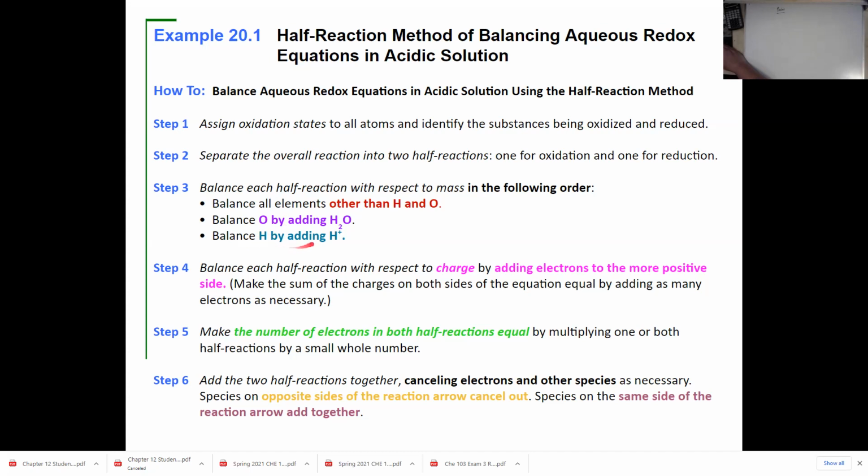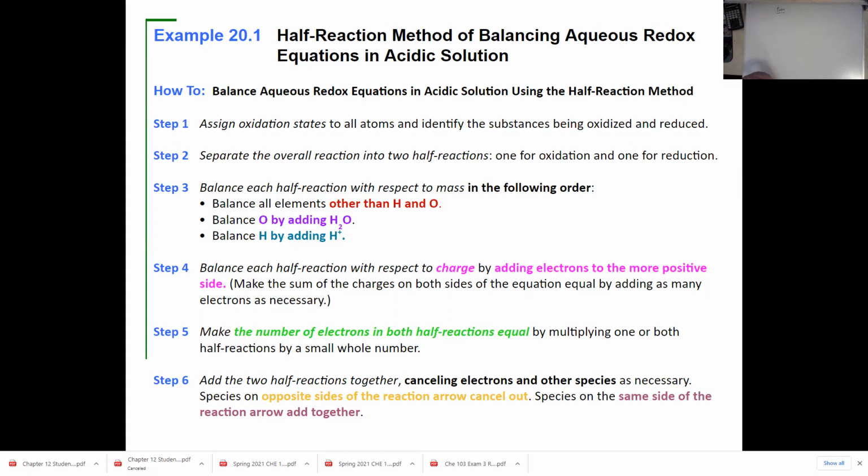Then after that, usually by adding water molecules, we disrupt the hydrogen balance. So to fix the hydrogen imbalance that happens, we're going to balance that hydrogen by adding hydrogen ions to whatever side is missing hydrogen ions. All right, and once we do that, then our atom balancing is finished.